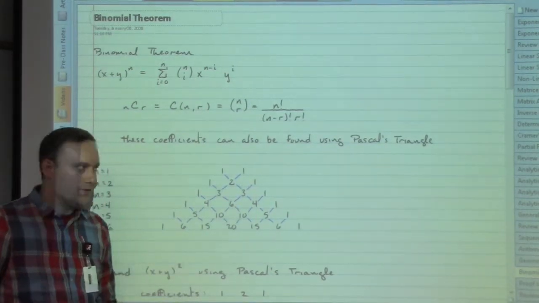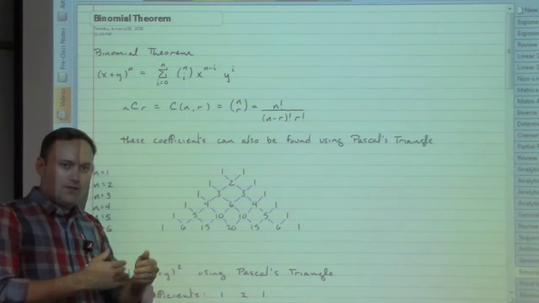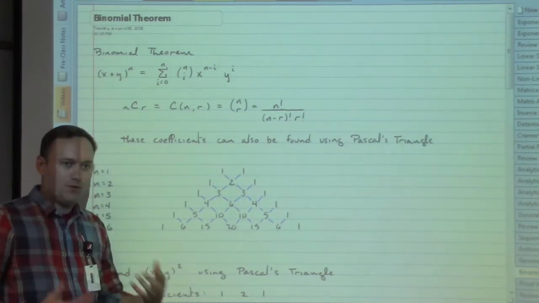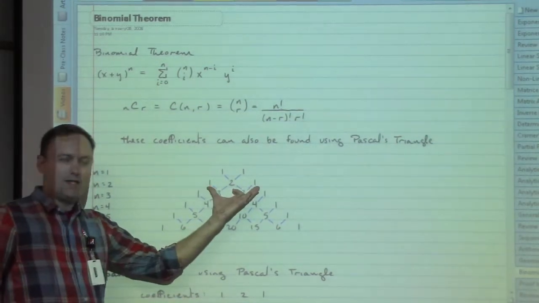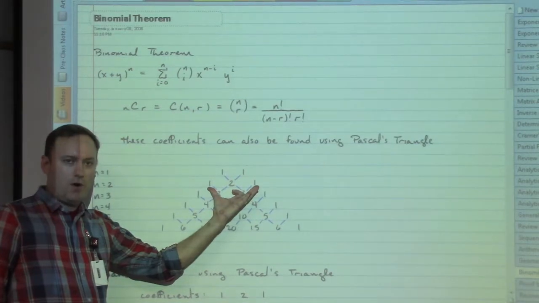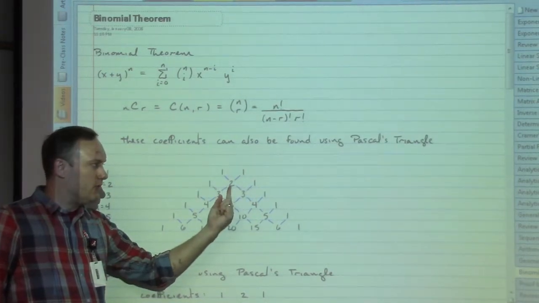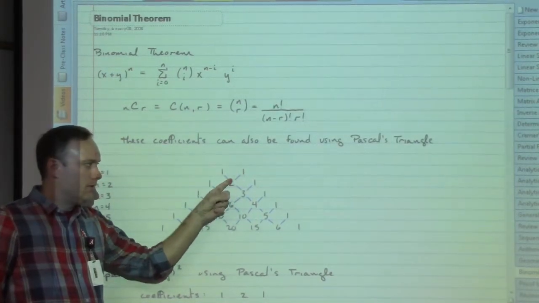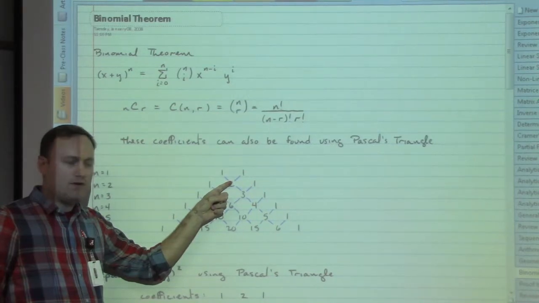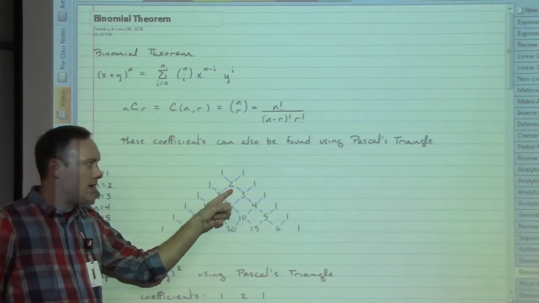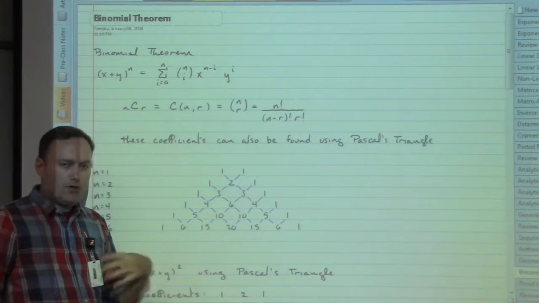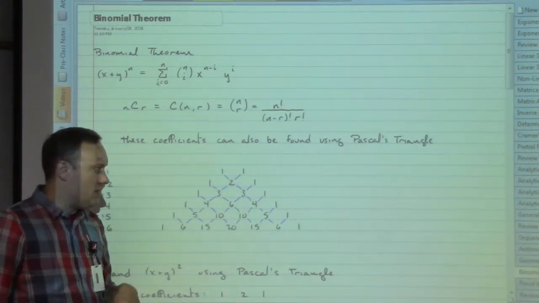So no matter what the situation is, there's this pattern to how those coefficients will always show up when we take a binomial and square it. The 2 that comes in the middle, well, from the previous row, if I take the 1 plus 1, I get a 2. And it turns out that pattern continues.